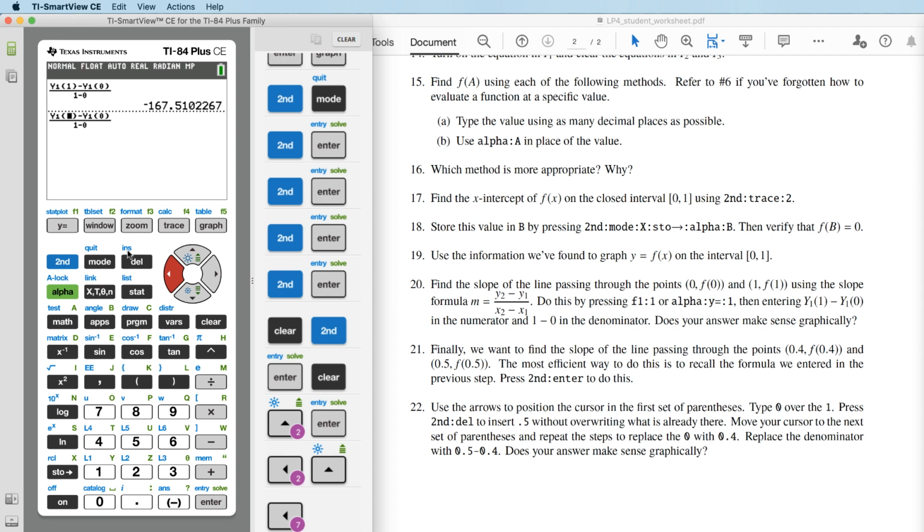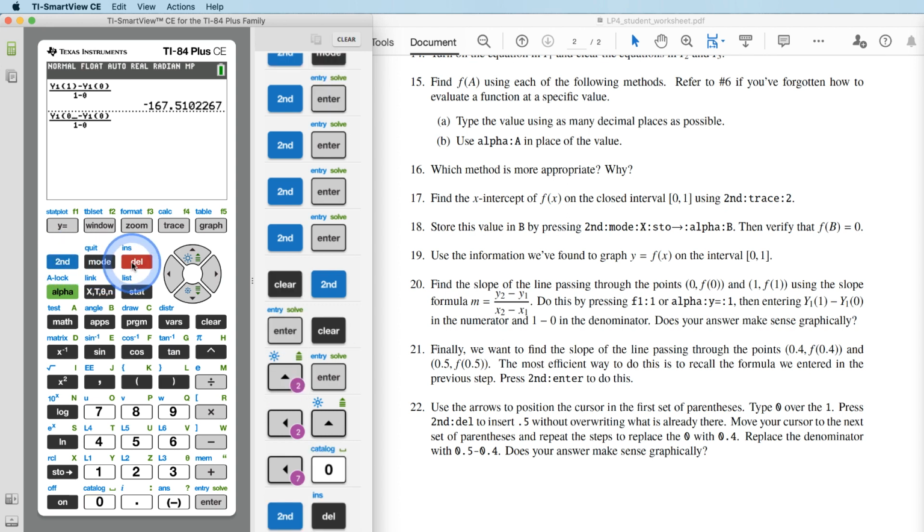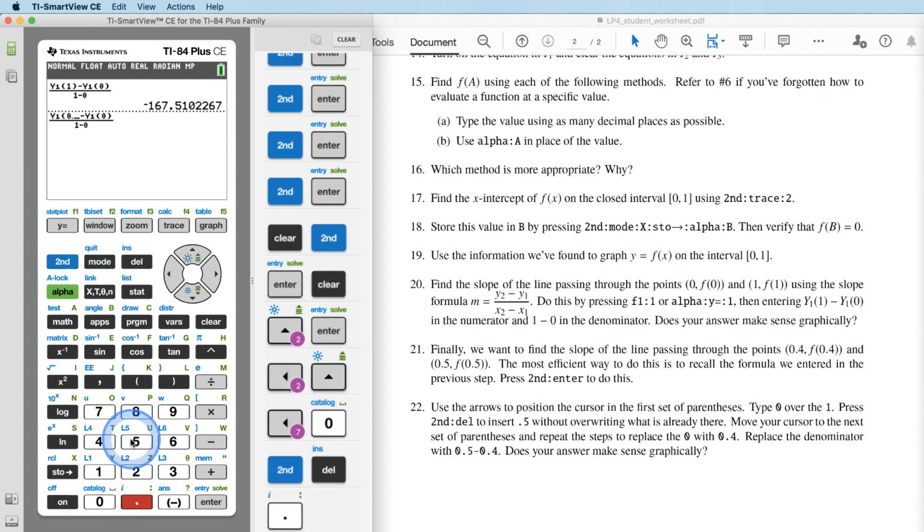So we need this to say 0.5 instead of 1. So I'm going to type the 0. Normally when you start typing, it writes over top of it. If I type a decimal point, it's going to get rid of my parentheses. I don't want to do that. I want to insert. So I'm going to hit second, insert, and then type the 0.5. And it just inserts that in there without messing up what's already there.